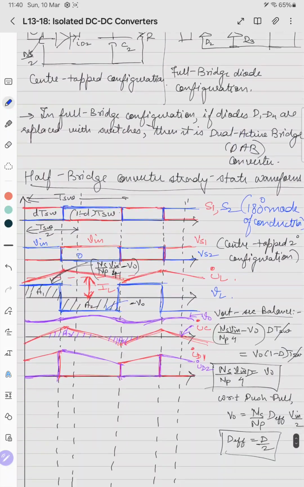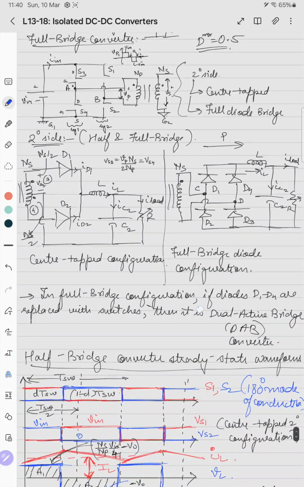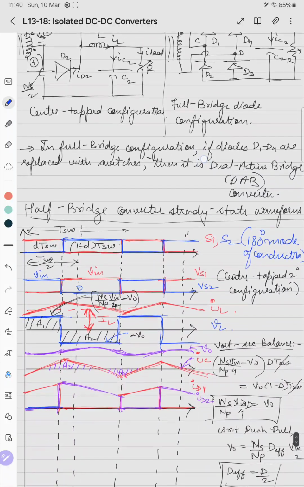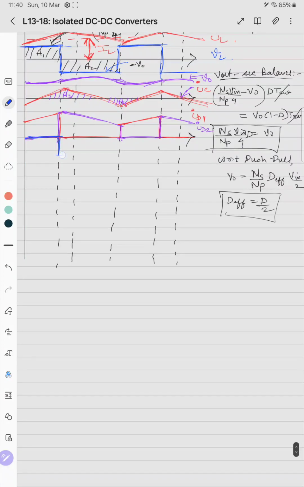Similarly we can draw the voltage VD1. When it is on, it is 0 voltage. And in the other case, when D2 is on, the voltage drop across this will be minus of V in into Ns by 2 into Np. So it will be like this. This is 0. This value is minus Ns by 4 Np into V in.